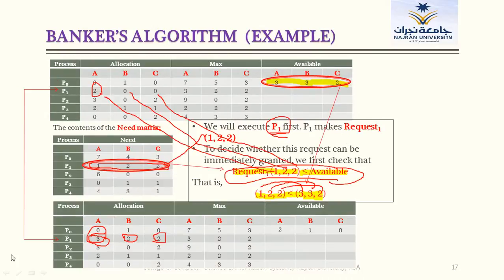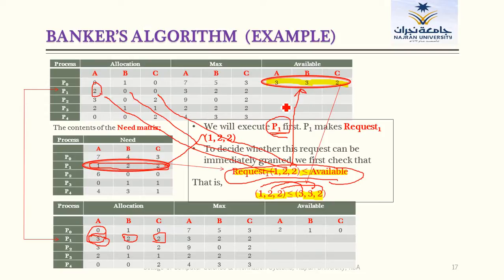This is the available state of resources: 3 instances of A, 3 instances of B and 2 instances of C. Now whenever we fulfill the request of process P1, that is 1 instance of A, 2 instances of resource type B and 2 instances of resource type C, then of course these resources will be subtracted from available.